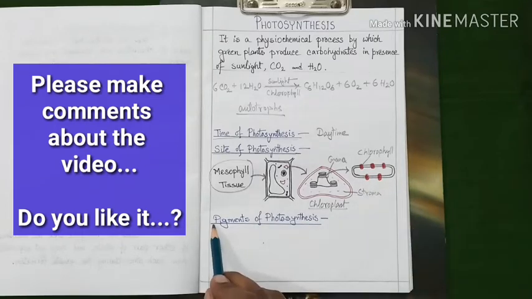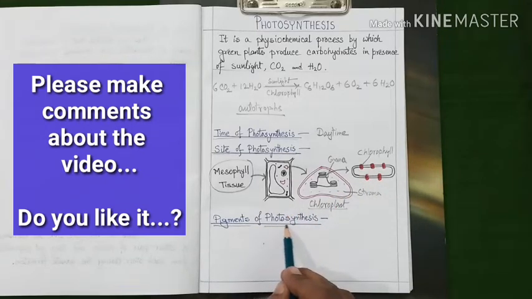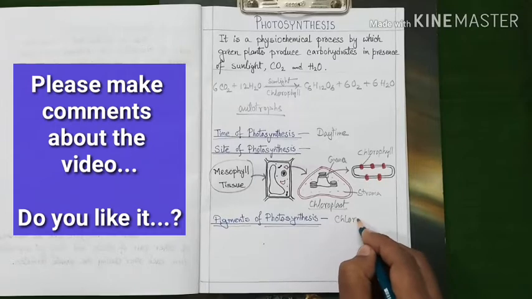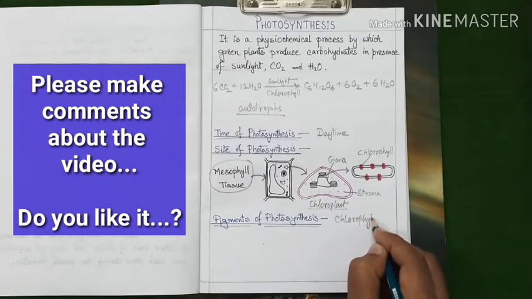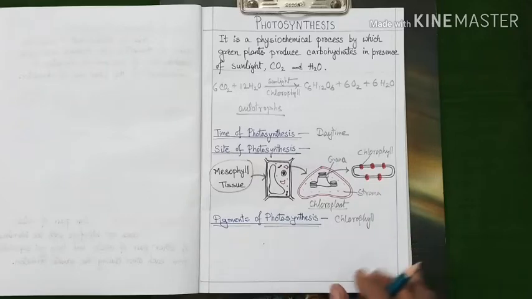Now we will discuss different pigments that facilitate or help the process of photosynthesis. As we earlier discussed, chlorophyll is the most important pigment, a green colored pigment in plant cells.